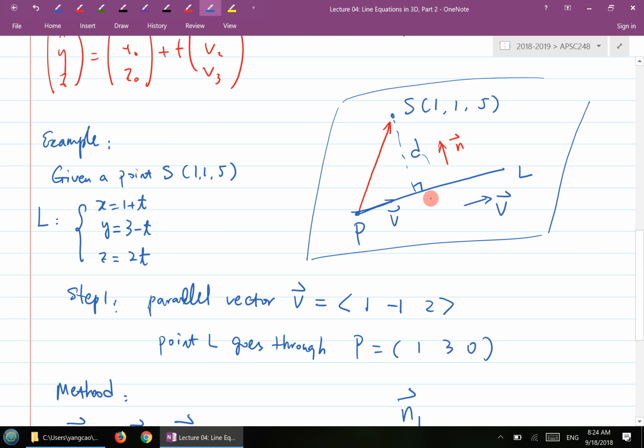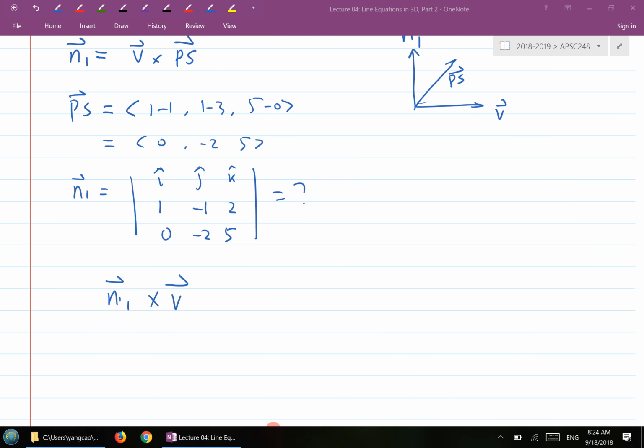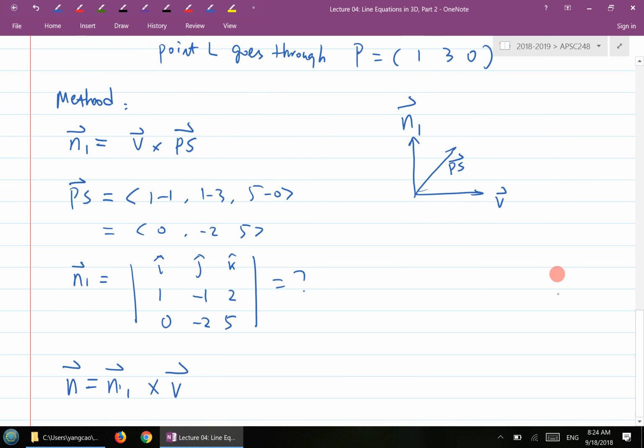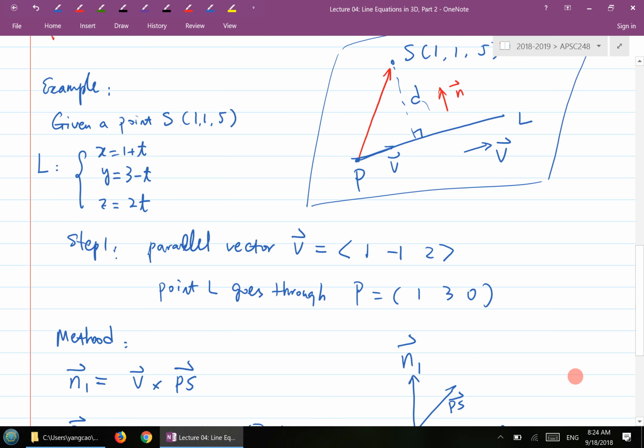Exactly the direction we're looking for, right? So this will give us that N vector over there. That's actually a pretty good approach. So two cross products will give you this normal vector N, which is perpendicular to the L.